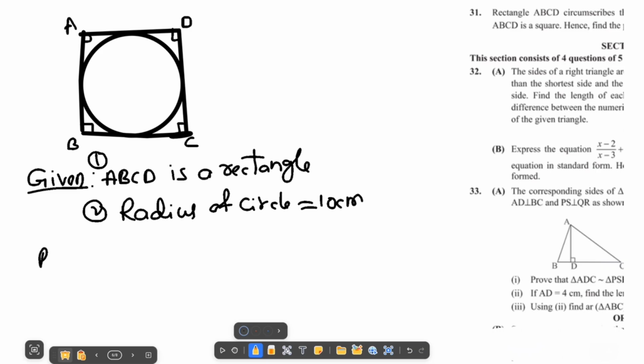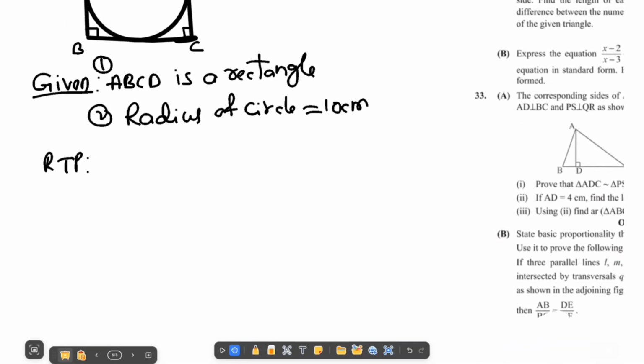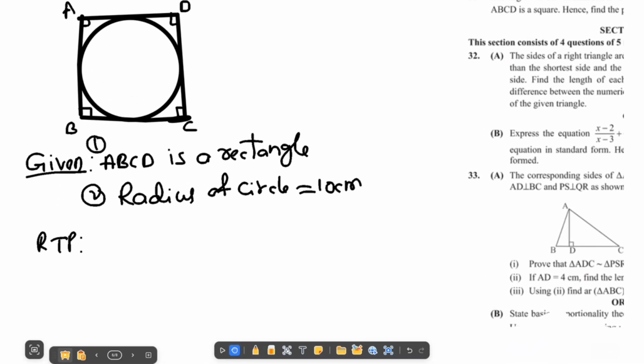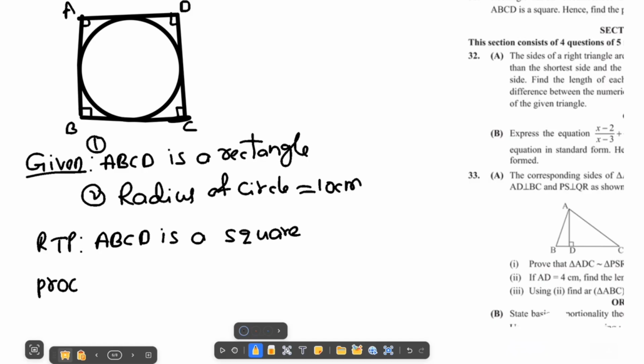So what is required to prove? We have to prove it is a rectangle, sorry, square. So we have to prove this ABCD is a square. So let's prove it. We know that when any quadrilateral circumscribes a circle, the sums of the opposite sides are equal.